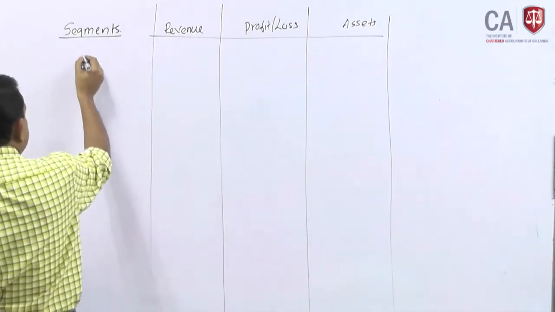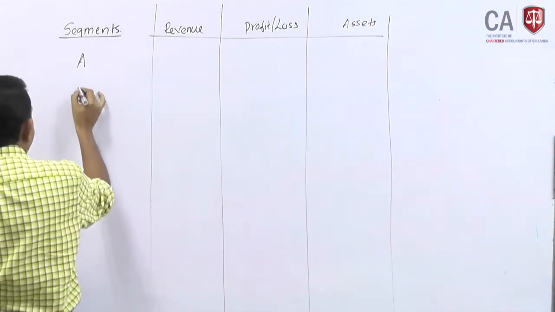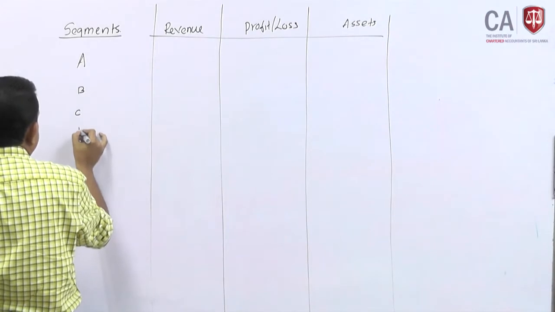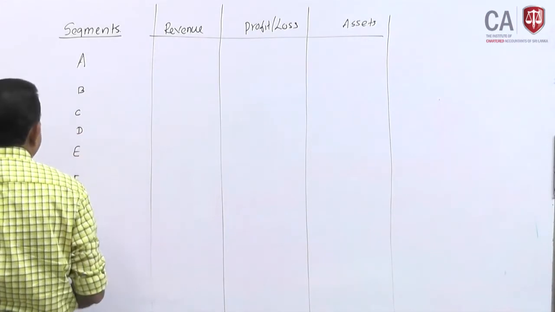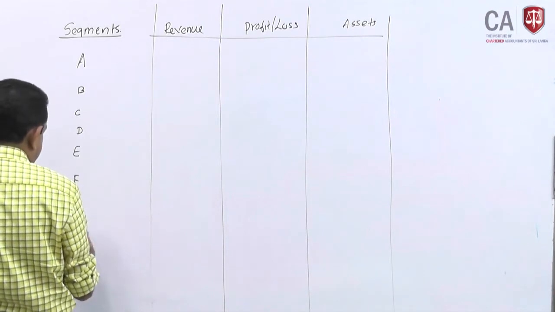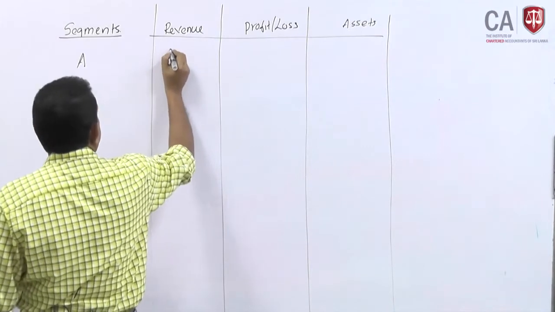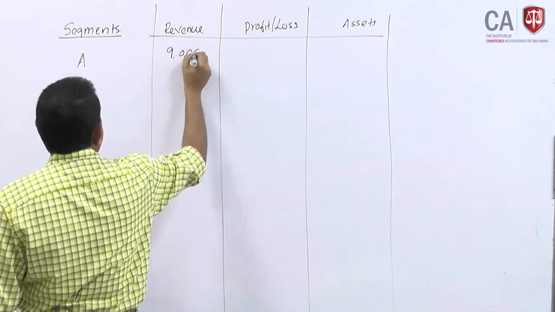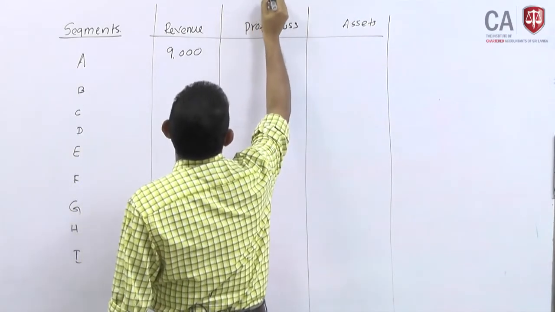So, these are the segments we have identified to be operating segments: A, B, C, D, E, F, G, H, I. Revenue: all the figures are in 1000.